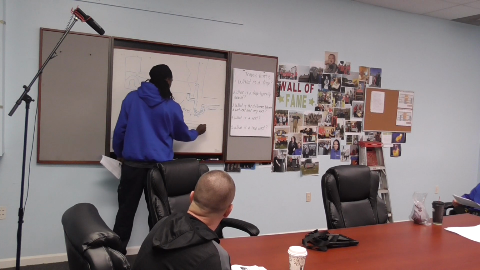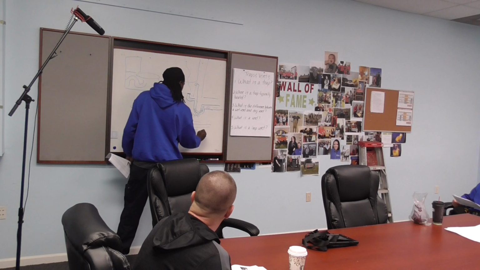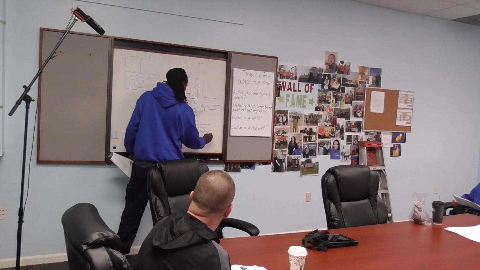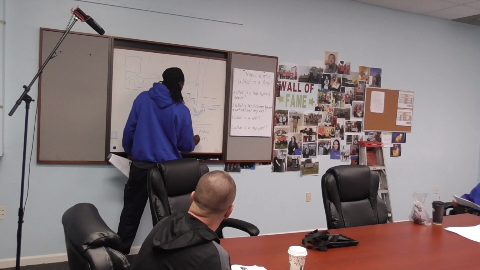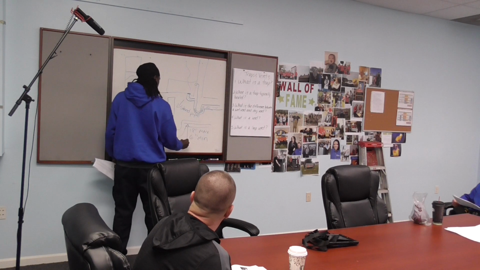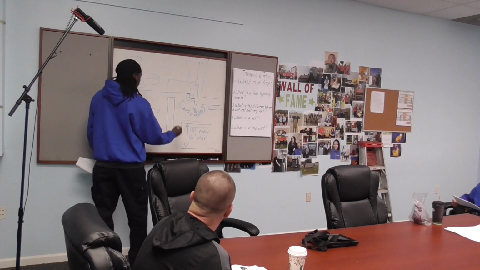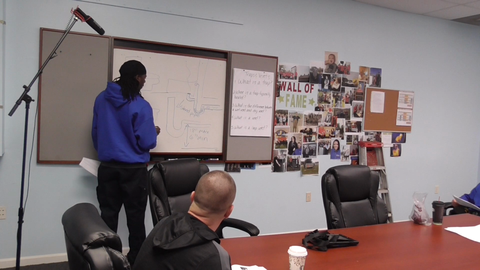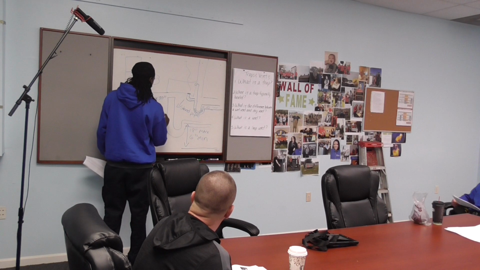And from here, it has to be a max of 18 inches and a minimum of 6 inches from the middle of the pipe to the floor. From here, it has to be a max of 30 inches and a minimum.